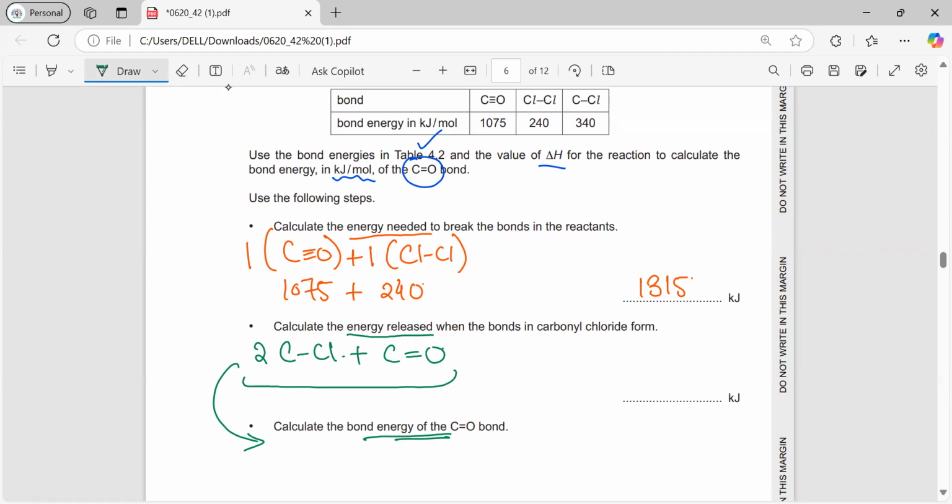Here in this section, we have the reactants energy, which is 1315, and minus X, which is the product. So we will do reactant minus product and it gives us delta H. So reactant is 1315 minus product is X. Delta H is minus 105.